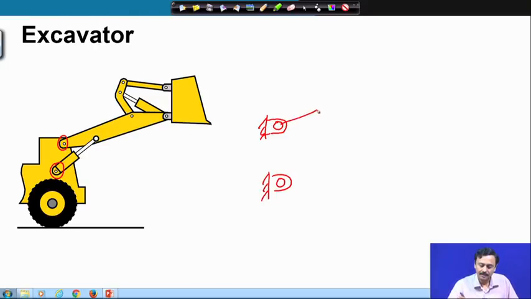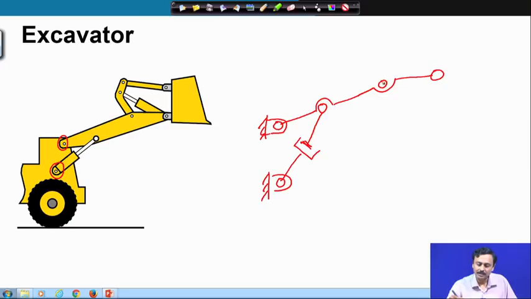Here there is, as you can see, a quaternary link. There is a link with 4 kinematic pairs. Here there is an actuator which is a powered p pair.